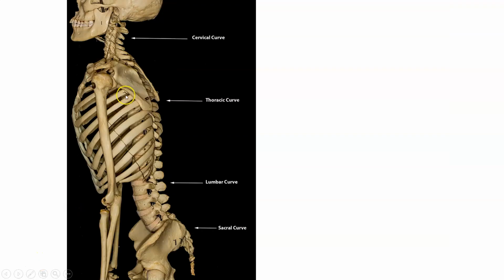You can also see ribs here, and the ribs are part of the axial skeleton, just like the skull and the vertebra are. So here are the ribs, and there's 7 pairs of what we call true ribs and 5 pairs of false ribs. The last 2 pairs of ribs are called floating ribs.